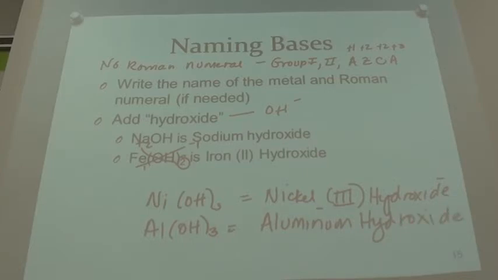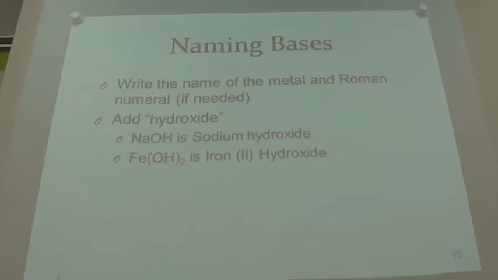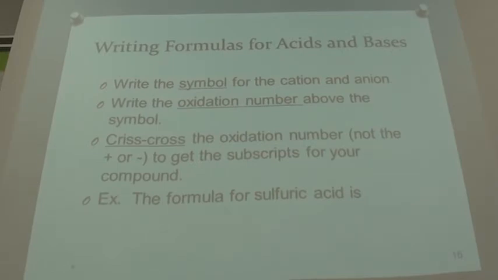Good. All right, you usually do pretty well on these. It's going the other way that drives you nuts. And unfortunately, you have to be driven nuts, writing formulas for acids and bases.